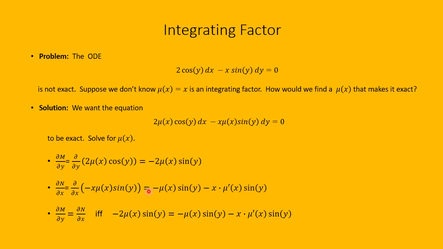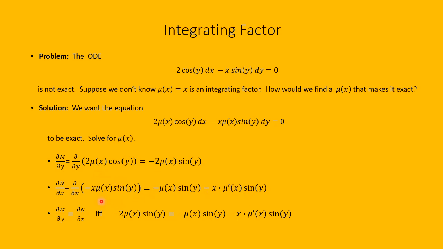Since we're differentiating with respect to x, we have a function of x times a function of x here. Sin y basically is treated like a constant. But in any case, to differentiate this, we need to use the product rule, and this is what we get.